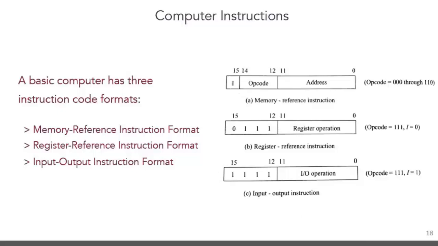If the value is 1111, the instruction is an input output instruction. These are reserved and cannot change. Only the values 000 to 110 can change.